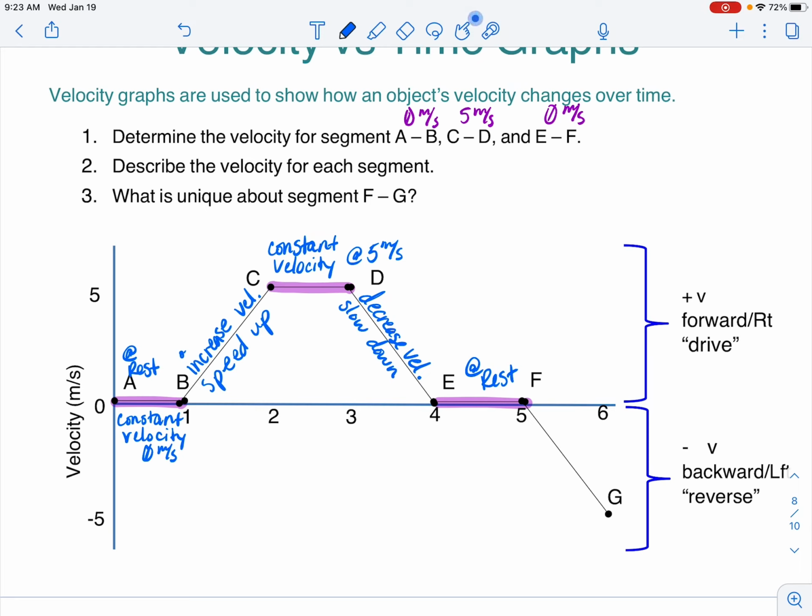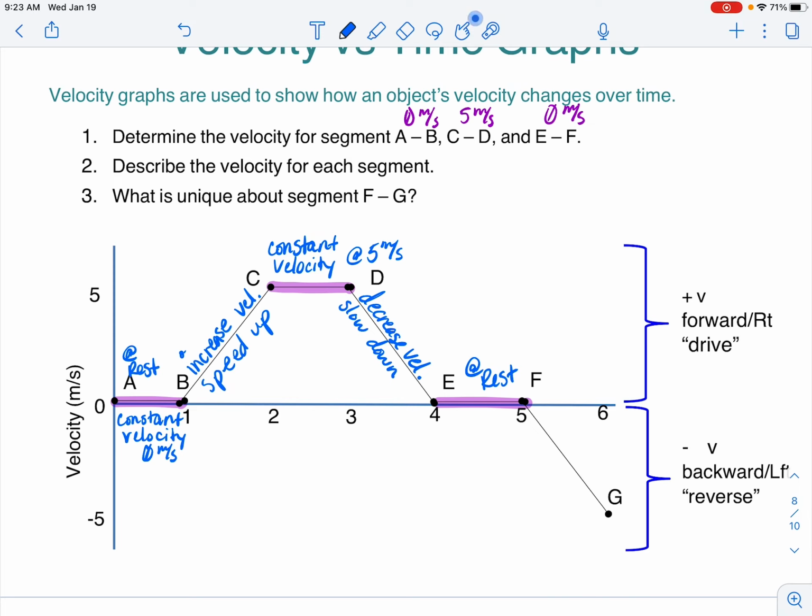For question number 3, it says, what is unique about FG? FG is different because we are now on the negative y side of our graph. We have to remember what that means. This is not a value of less than 0. You cannot go slower than 0 meters per second.